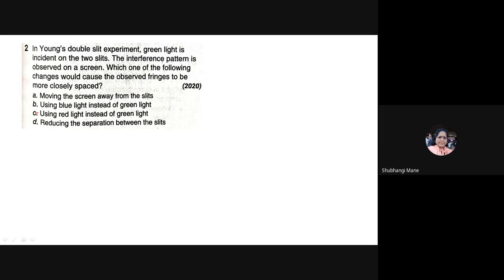Which of the following changes would cause the observed fringes to be more closely spaced? Note the question. The wavelength for green color is approximately 5500 Angstrom unit.